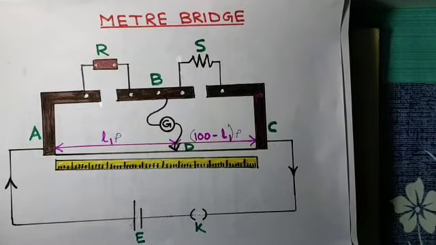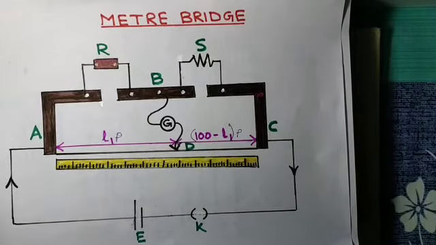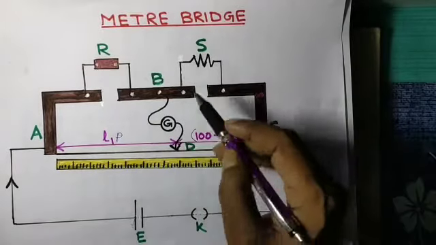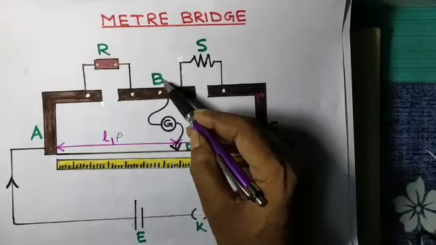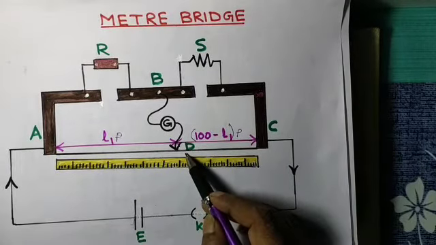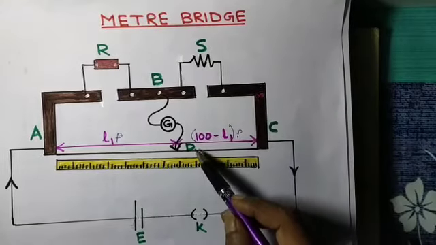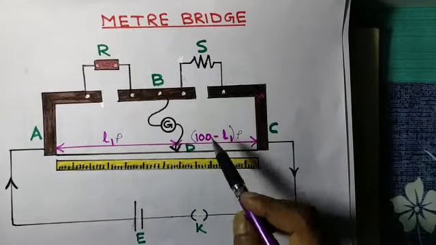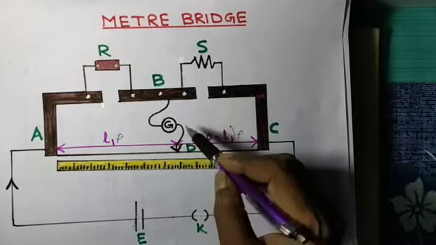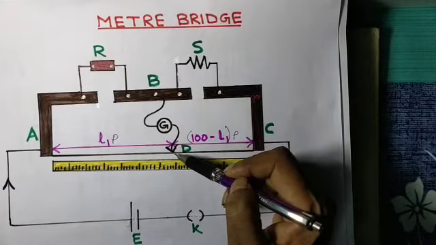That means in that case no electricity will flow through the galvanometer, and we can say that the potential of B and the potential of D are equal, or the potential difference between B and D is equal to 0. So in the null condition of the galvanometer, no electricity will flow through it.